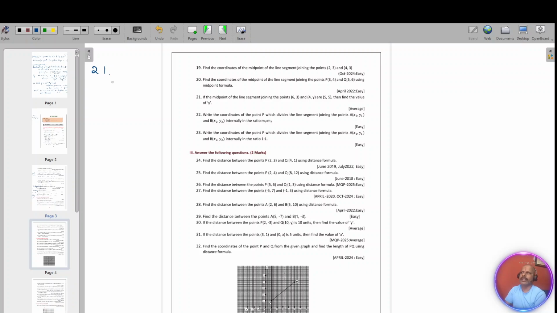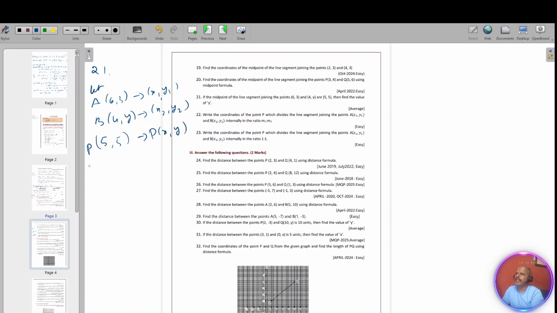find y. So what we can say is, let A of 6 comma 3 be x1 y1. This way also you can say 4 comma y be x2 y2, and they have given one point, right? This be P of xy.